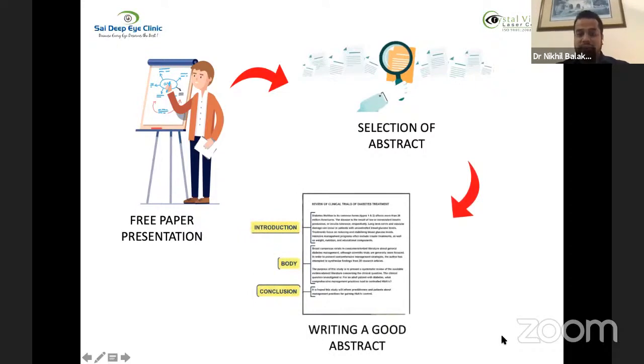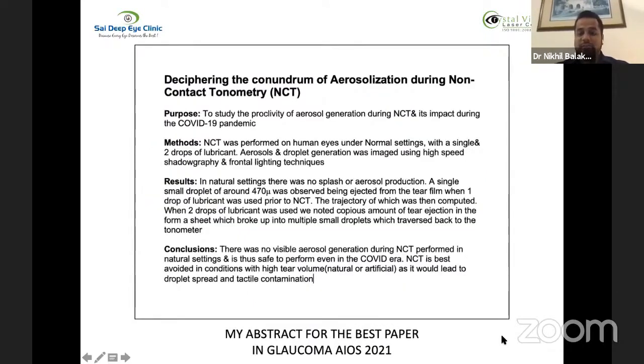So how do you write a good abstract? This was the abstract I'd written for my paper, which won the best paper in the glaucoma session last year at AIOS 2021. The important thing first is it should have a good catchy title. It need not have a lot of fancy words, but it should clearly explain what your study is all about.